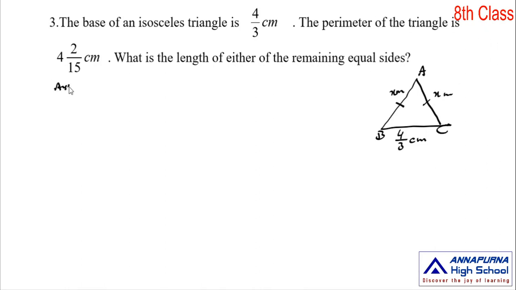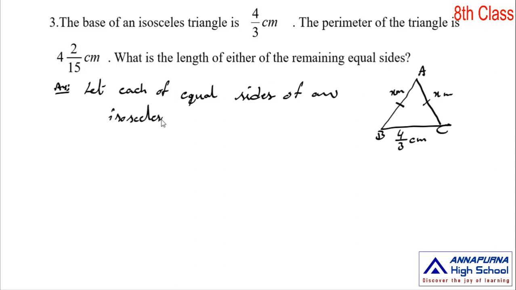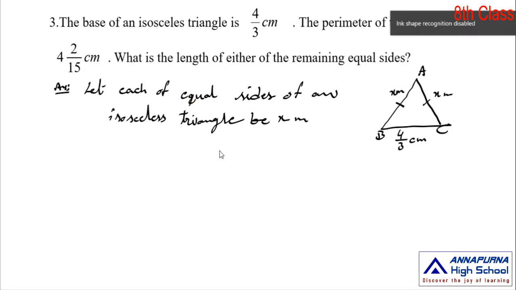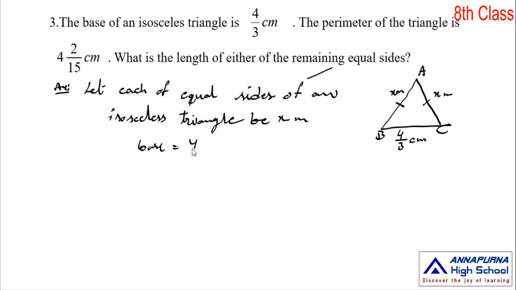Let each of the equal sides of the isosceles triangle be x, and from the given, the base is equal to 4/3 centimeters.